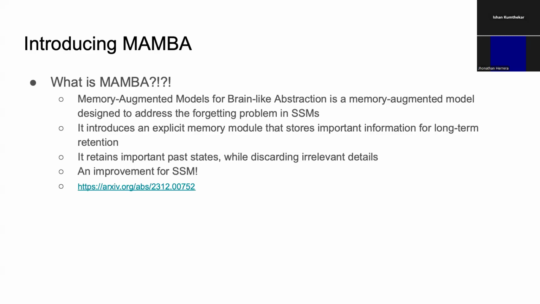MAMBA stands for Memory Augmented Models for Brain-like Abstraction, a long name, a memory augmented model designed to address the forgetting problem in states. It introduces an explicit memory model that stores important information for long-term retention, and it retains important past states while decreasing irrelevant details.